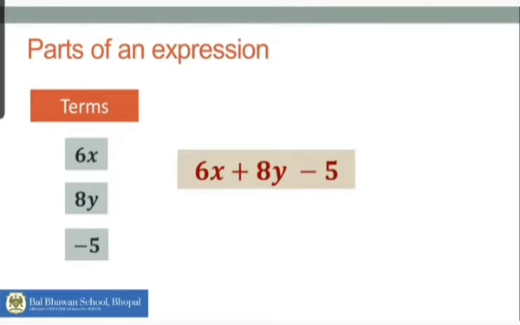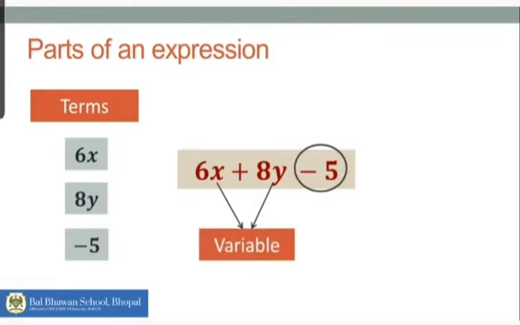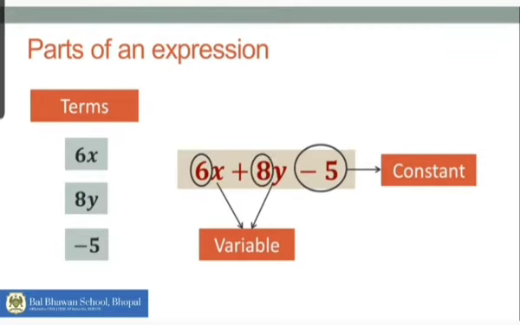So here 6x, 8y and -5 are the terms of this expression, which are distinguished using the arithmetic operation addition or subtraction. 6x and 8y have x and y as the variable, so they are variable terms, whereas -5 is a constant term because its value is fixed. So these are the parts of an expression.